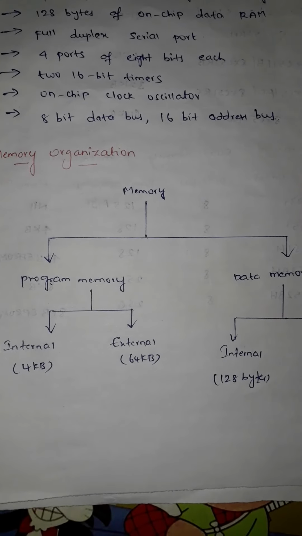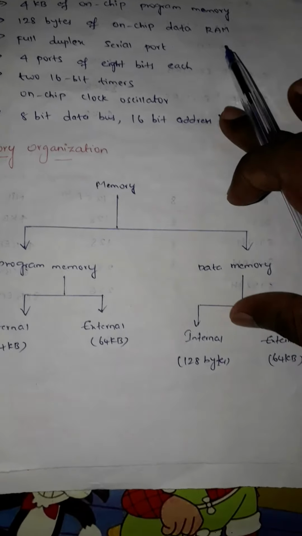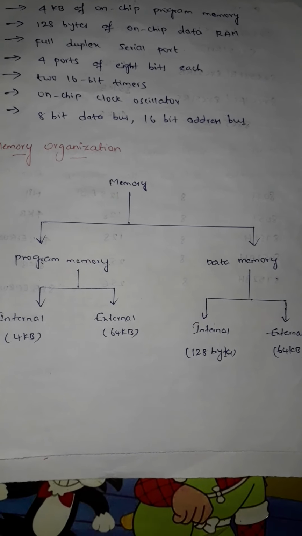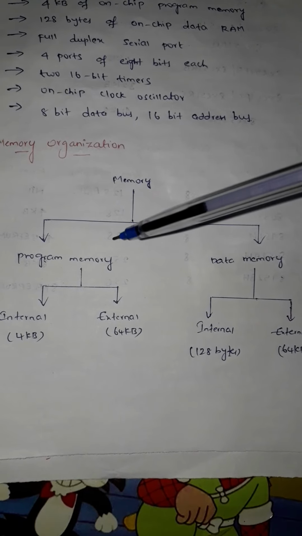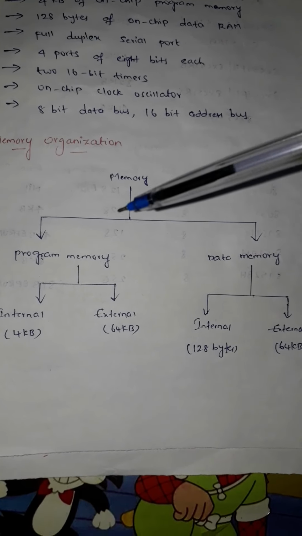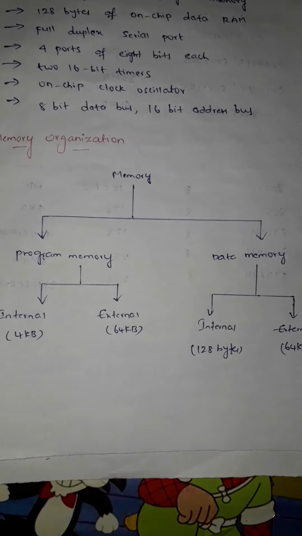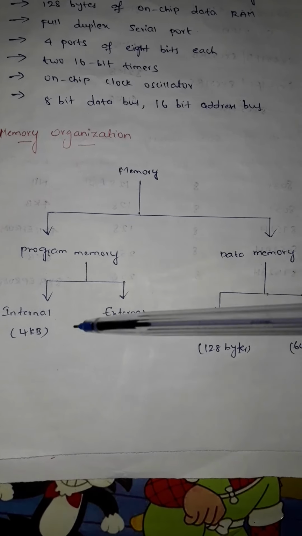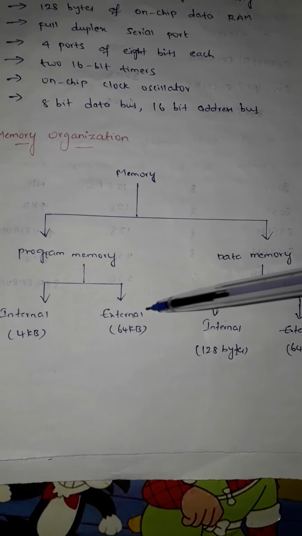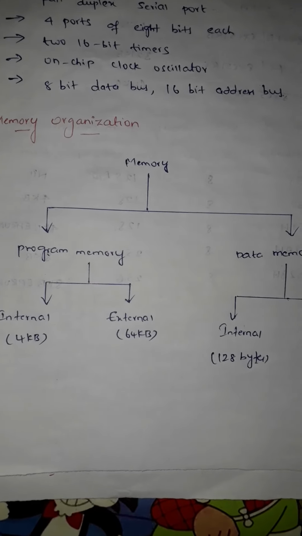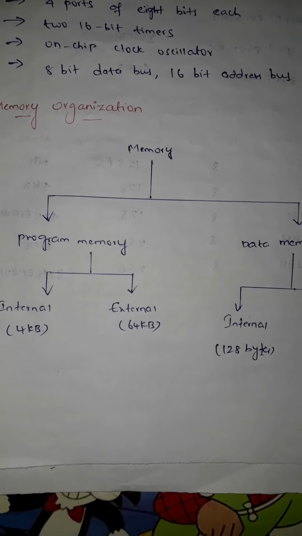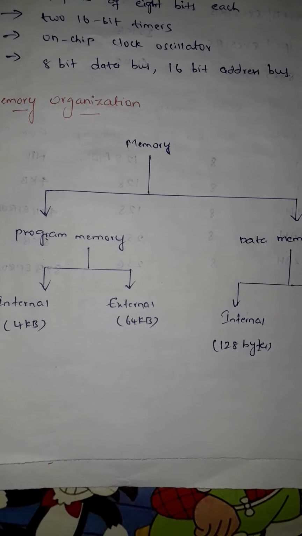If you look at the memory organization for the 8051 controller, you have 2 memories: one is the program memory, another is the data memory. For program memory, internally you have 4 KB of ROM. In addition to the 4 KB, you can also have 64 KB of external ROM, since we have a 16-bit address bus.